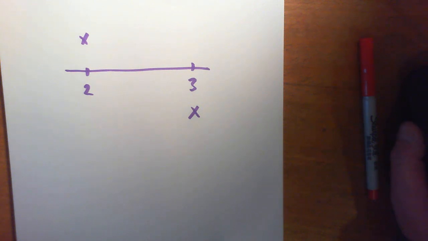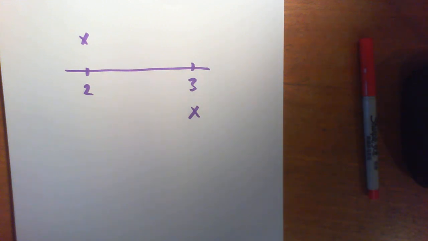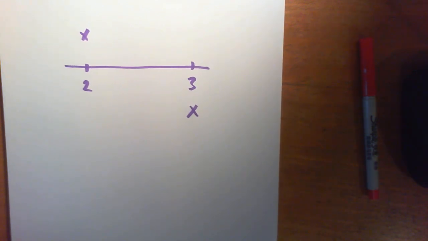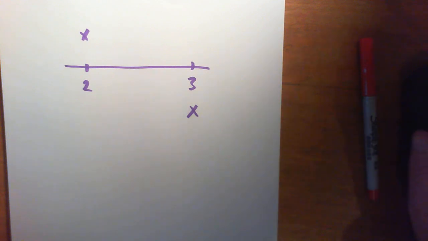This might seem a little thing, but the majority do omit this idea of stating that the function is continuous, and therefore they lose a mark. So it's worth stressing that.